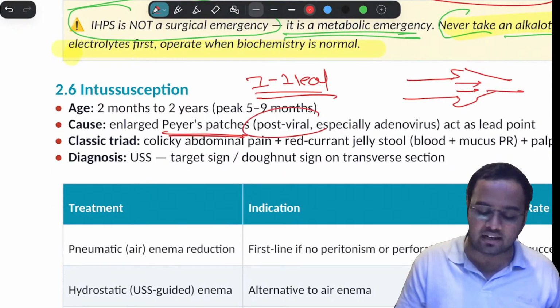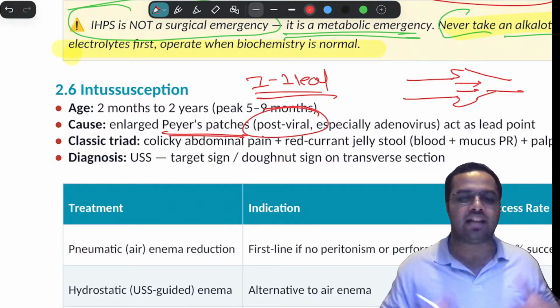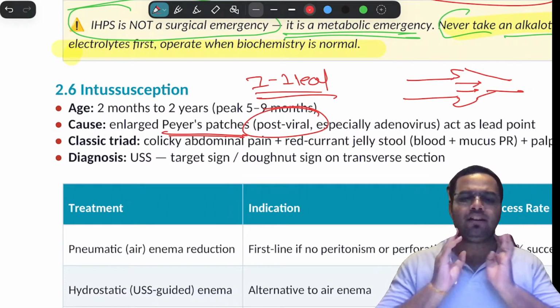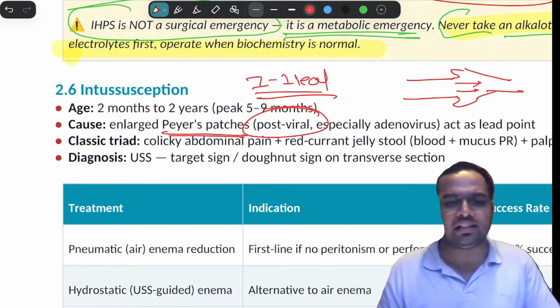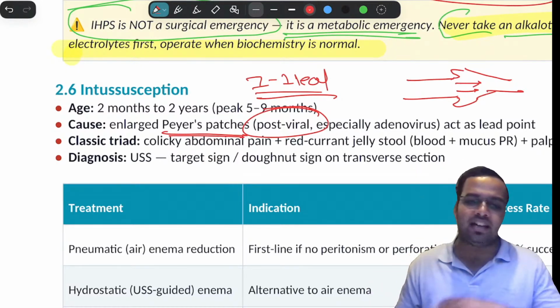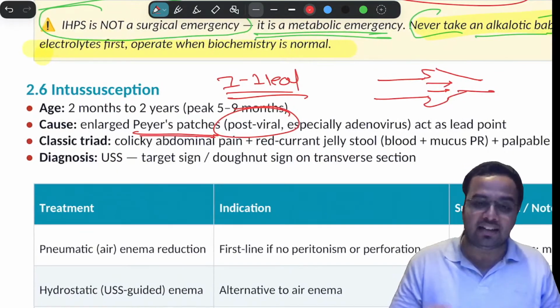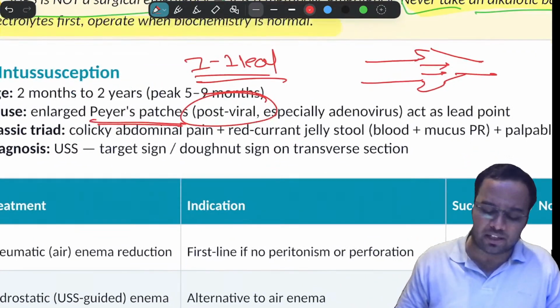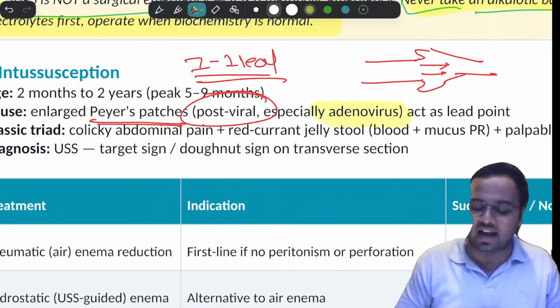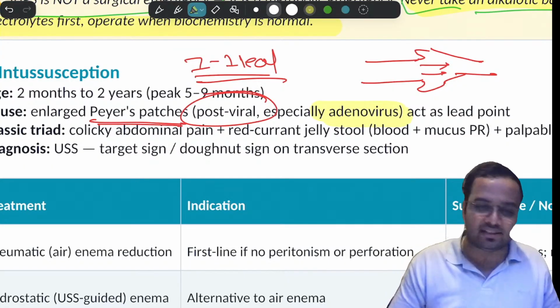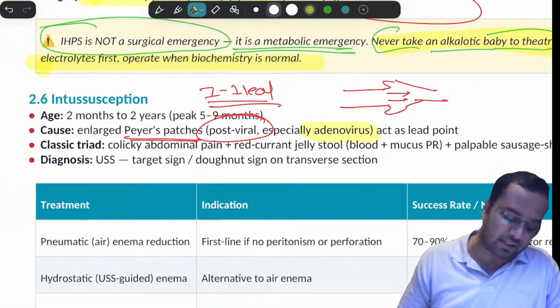Typically in the post-viral condition, the child might have a running nose, and the child will have reactionary lymphadenopathy. So whenever there is lymphadenopathy in the neck, the same lymph nodes are going to be swollen in the abdomen. There might be mesenteric lymphadenitis. Along with that, there might be ileal Peyer's patches hypertrophy, and that is the reason the intussusception is going to happen. Which virus? Most commonly adenovirus, and that Peyer's patch acts as a lead point. So ileoileal intussusception can occur.